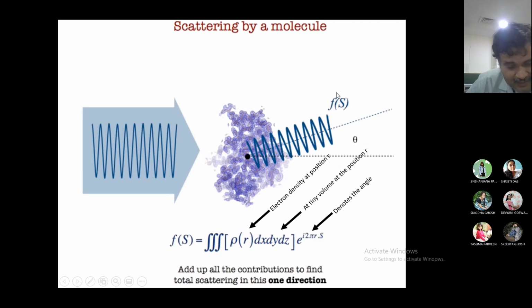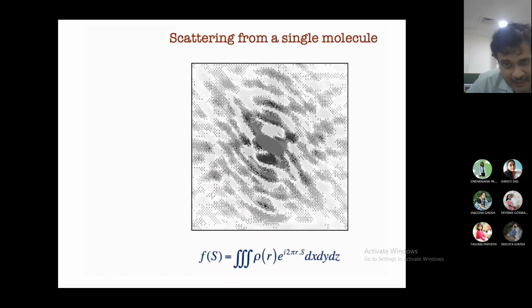So that intensity can be measured by putting an X-ray plate. After we get to know the intensity, it comes like this. This is the intensity pattern. You can see there is hardly anything meaningful that we can get there. So this is scattered by a single molecule of a protein, but you see there is some pattern.